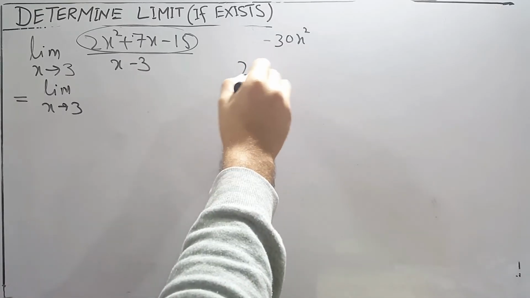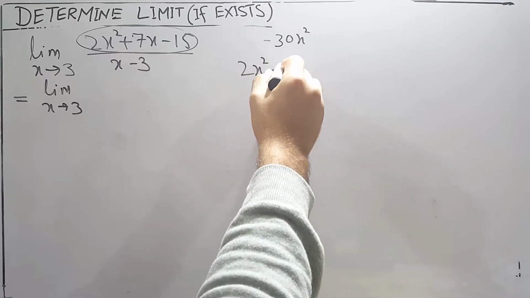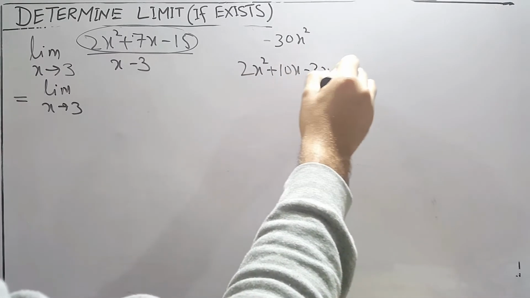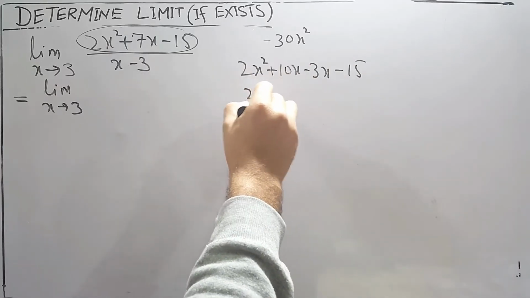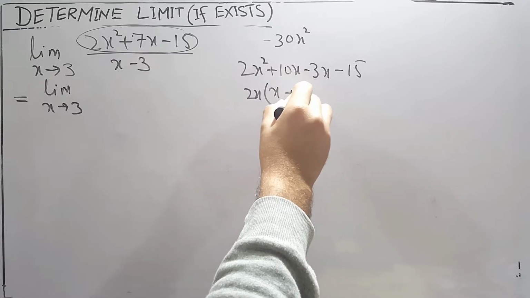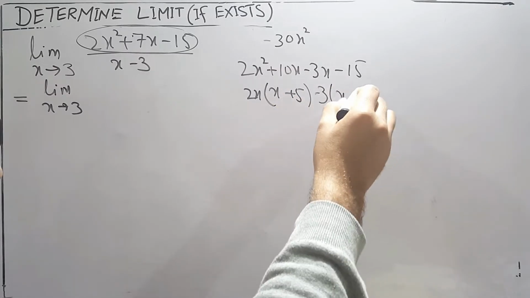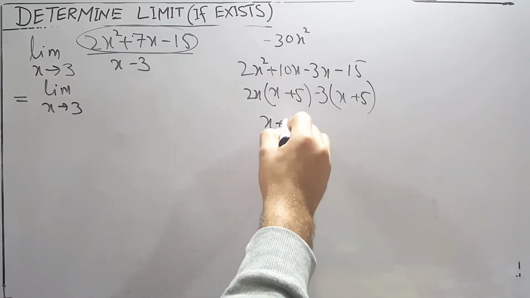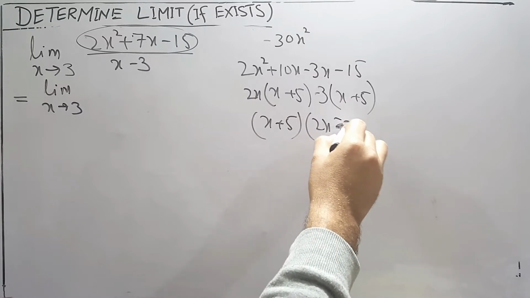So you can split that 2x squared plus 10x minus 3x and minus 15. You can take out 2x common, so x is left, and here 5 is left. And if I take minus 3 common, x is left, and plus 5 is left. x plus 5 is common in both, so minus 3.